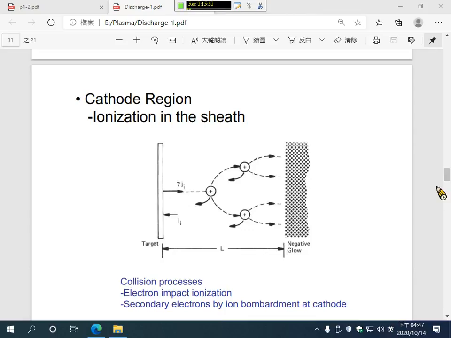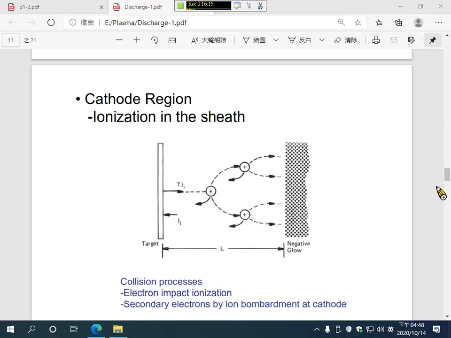So the arrow is the cathode layer thickness. From other measurements, people already know that in a DC discharge system, most of the potential drop falls in the cathode layer, the cathode region.